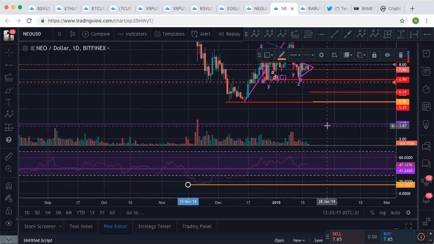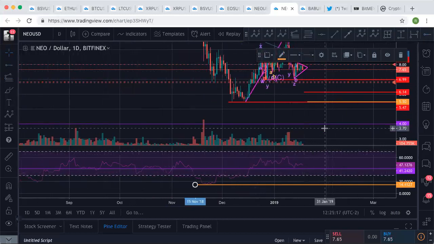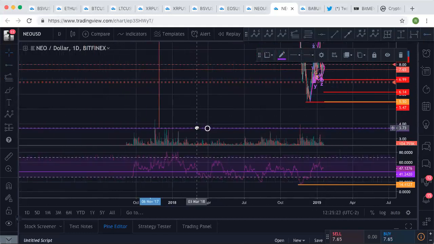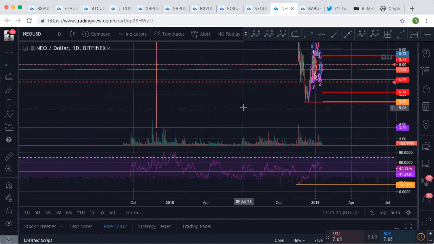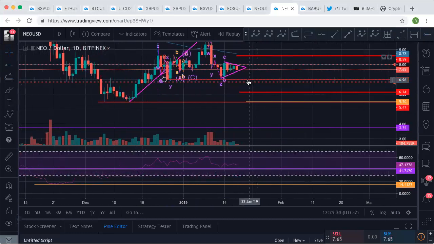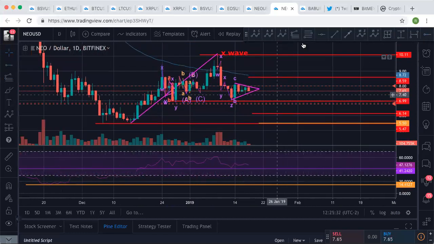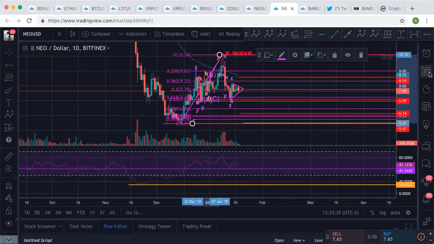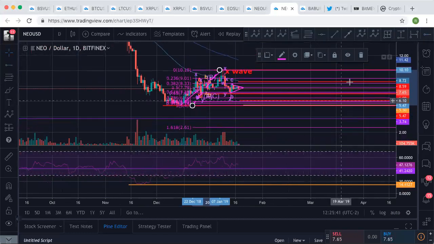So imagine we get down to this $4 range, which is what the last wick of support was, 3.74. Using the fib retracement tool of the entire X-wave structure, we could get really as low as $2.61.